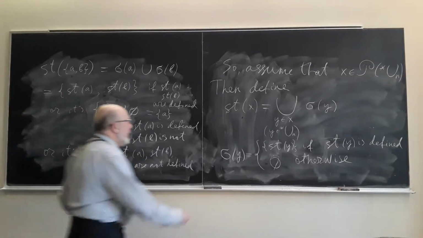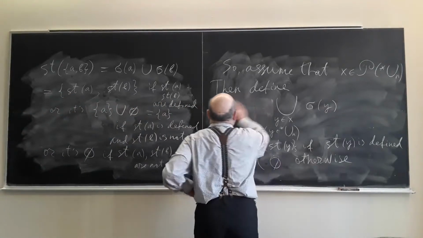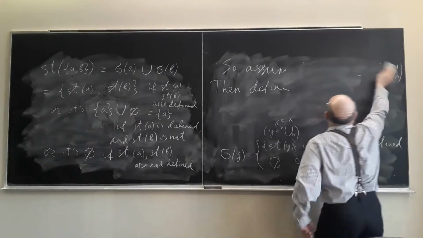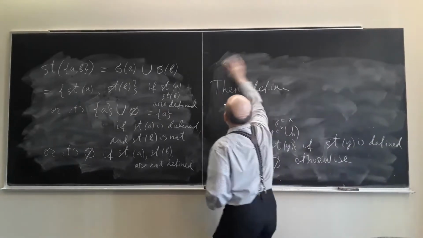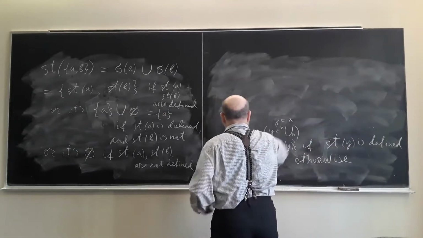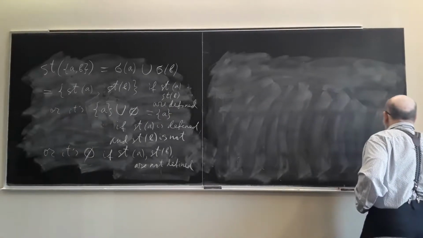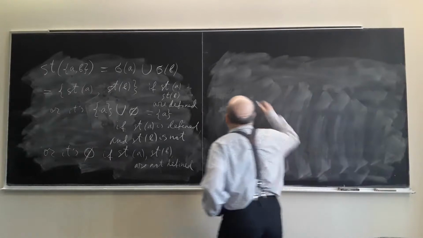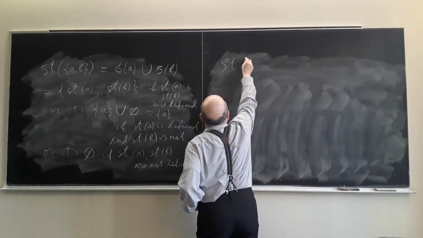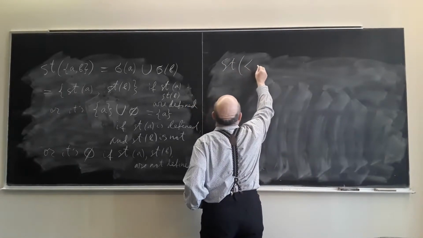Now, what is the standard part of the ordered pair AB?